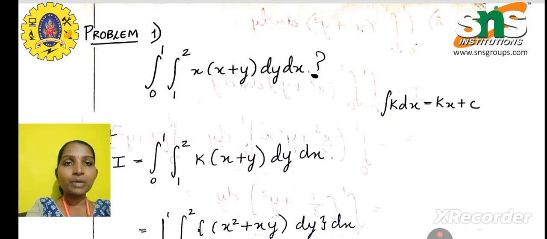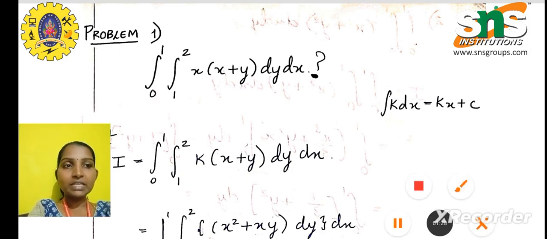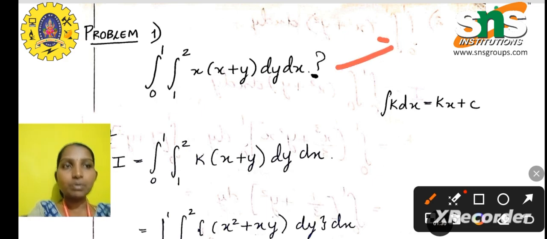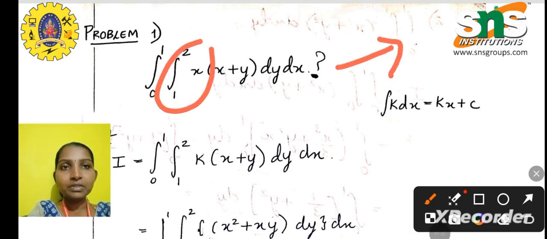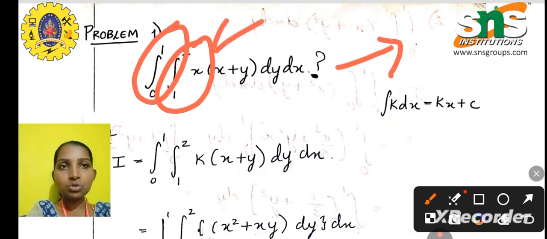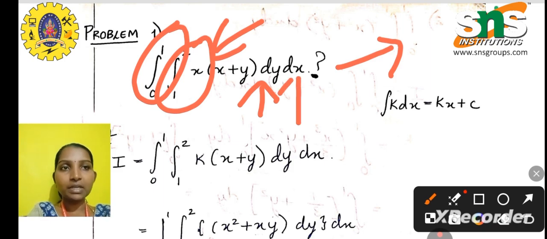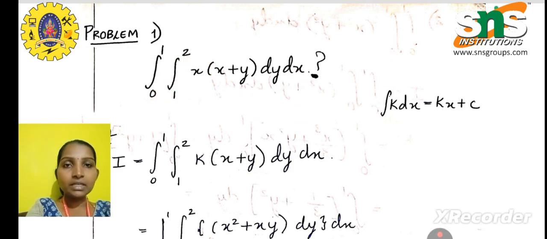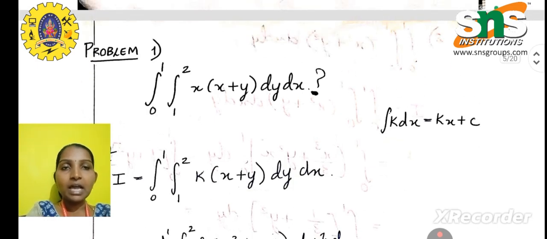First problem: integral 0 to 1, integral 1 to 2, x into (x plus y) dy dx. This is our problem. Since these limits are numerical values, we consider this one for the y variable and this one for the x variable. The inner integral is considered for the inner variable and the outer limit for the outer variable.